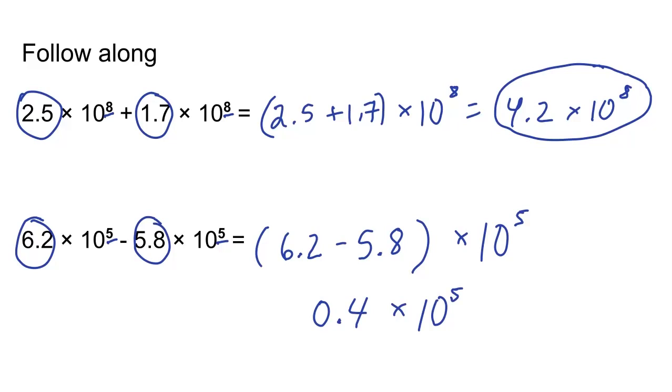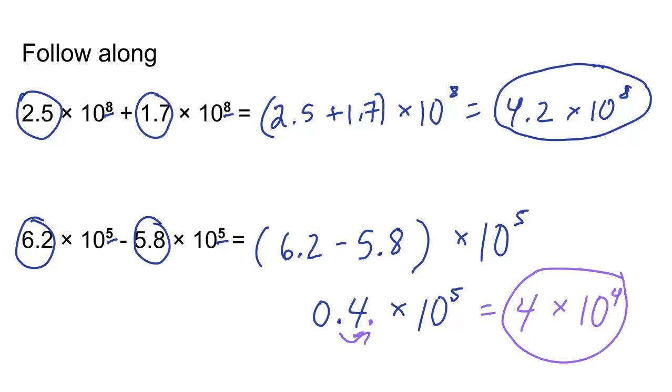But here, the coefficient of 0.4 is less than 1, so I need to move the decimal one place to the right, which means I'll have a new coefficient of 4. And since I moved the decimal point to the right, which increased the value by a factor of 10, I need to decrease the exponent by 1, so the value of the number remains unchanged. So that gives me 10 to the 4th power. So my final answer is 4 times 10 to the 4th power.